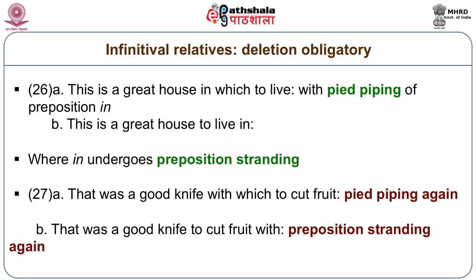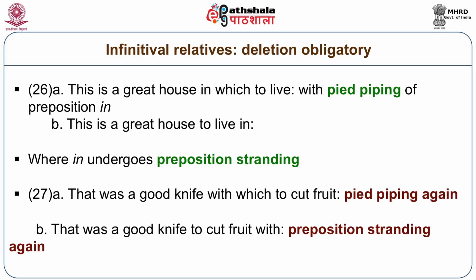This carrying along has been compared with a fairy tale, with the story of the Pied Piper of Hamelin, where this Pied Piper, this man who used to play a pipe or a flute to take revenge on a mayor after solving the rat problem of the city, he uses his magic to lure all the children of the city away and to take them along with him. So such children can be called pied-piped children, and using that metaphor, this preposition that is carried along with the moving WH is called a pied-piped preposition.